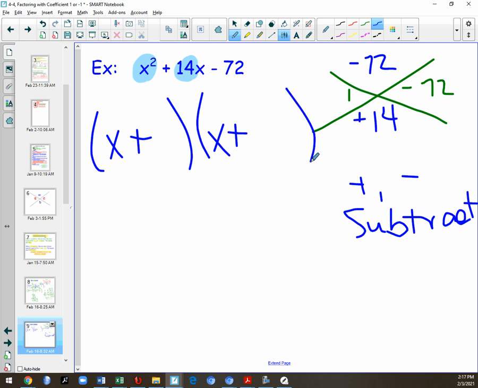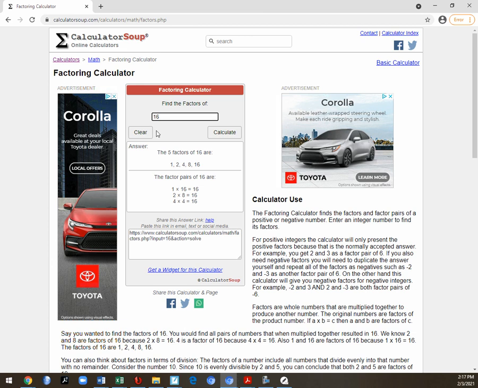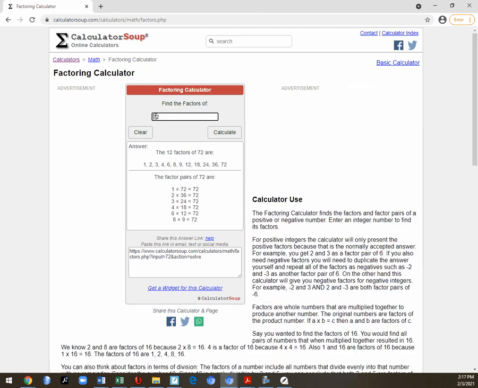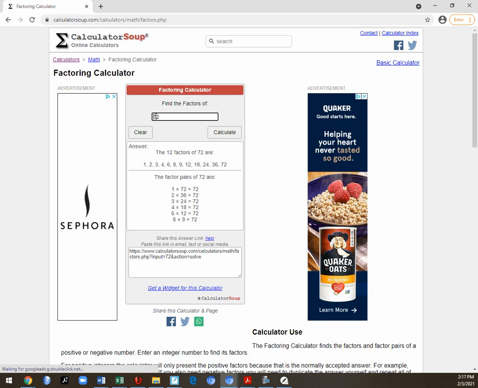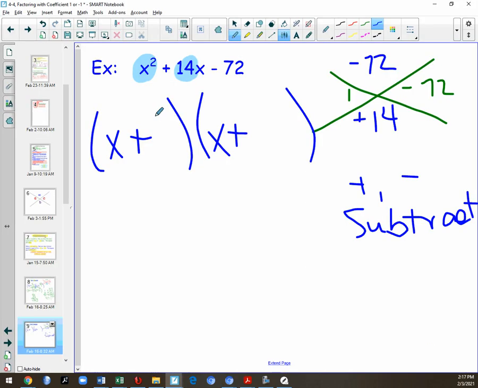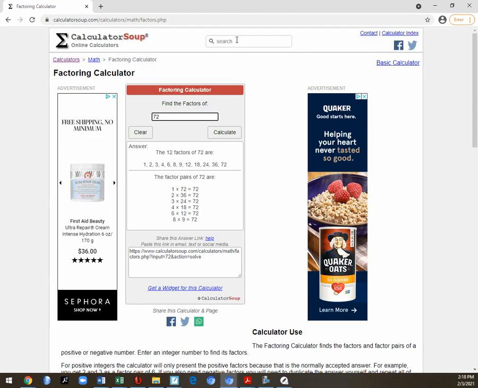Now I need all the factors of 72. So if I come over here and find all the factors of 72, now remember, I said all the factors of 72, are we either adding or are we subtracting? Well, we said over here that we were going to subtract. So if we are going to subtract, which of these numbers will subtract to give you the 14?